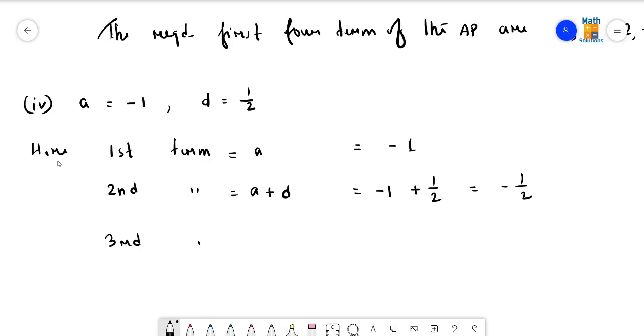Then the third term will be equal to A plus 2D, which can further be written as minus 1 plus 2 into half. In the respective places I am putting the values. It should be positive 2 into half, so minus 1 plus 1, the result will come as 0.